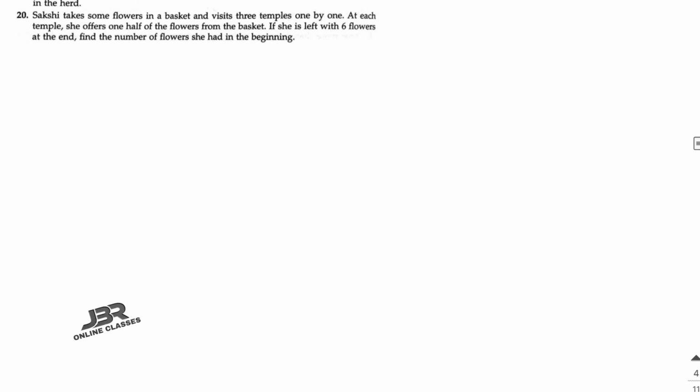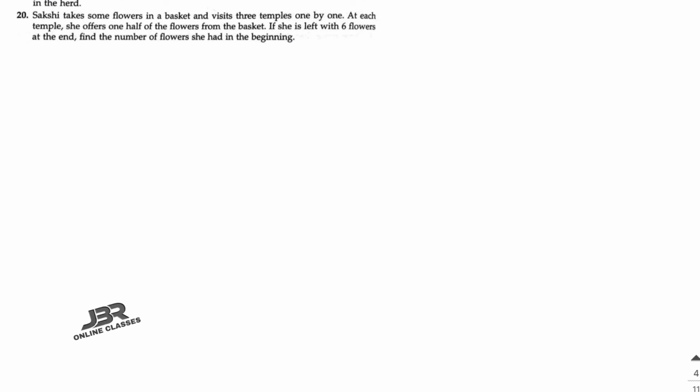In sum number 20, Sakshi takes some flowers in a basket and visits 3 temples one by one. At each temple, she offered one half of the flowers from the basket. If she was left with 6 flowers at the end, find the number of flowers she had in the beginning.